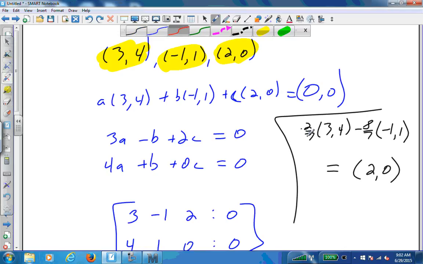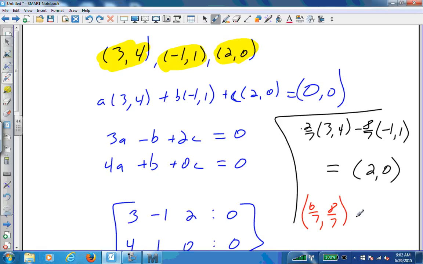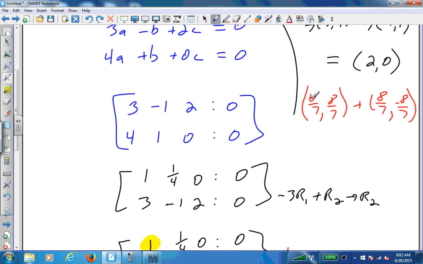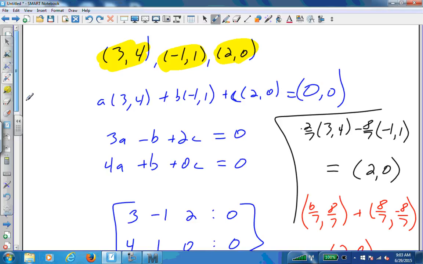We check to see if this is true. 2/7 times 3, that's 6/7; 8/7 times 1, that's 8/7, and negative 8/7 times 1... Notice if we combine these, 6/7 plus 8/7, that's 14/7, which is 2. 8/7 minus 8/7 is 0. So this is a linear combination that gives us the third vector, so they are in fact dependent.